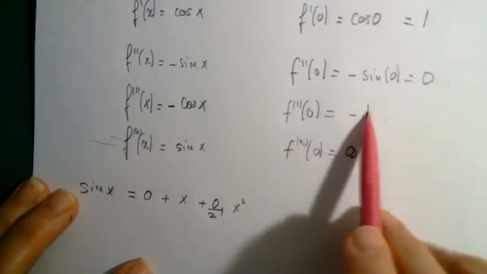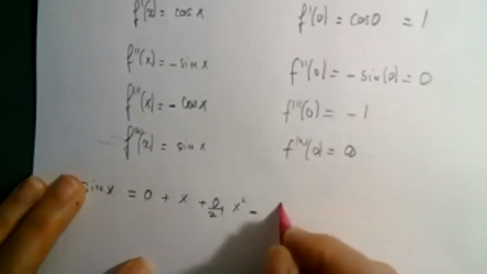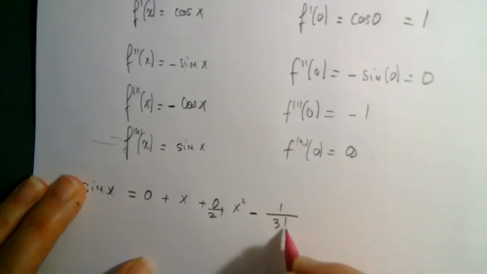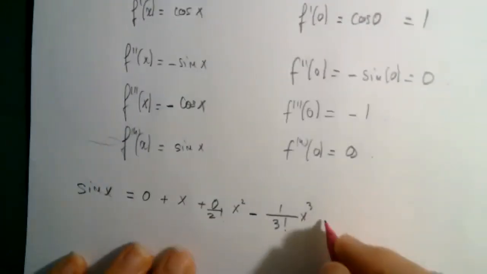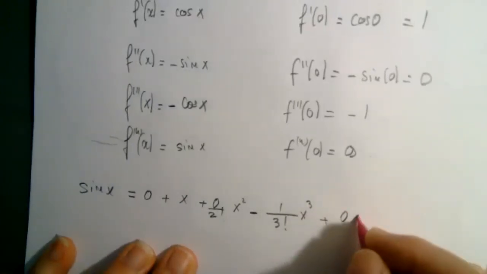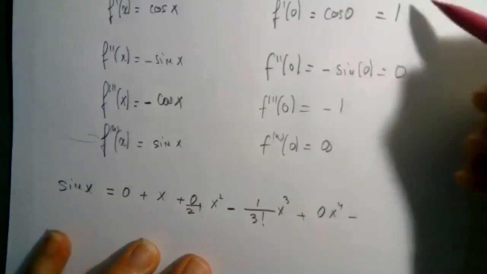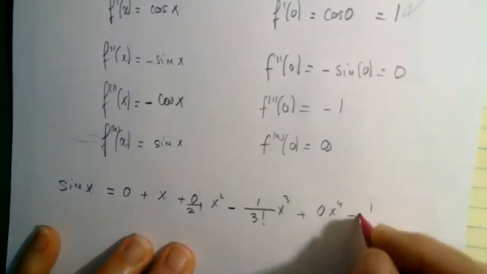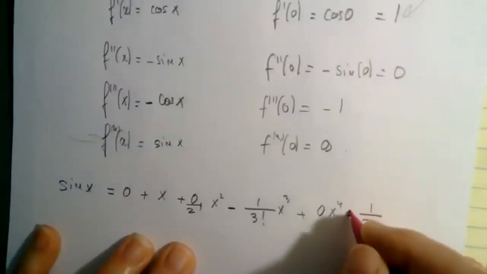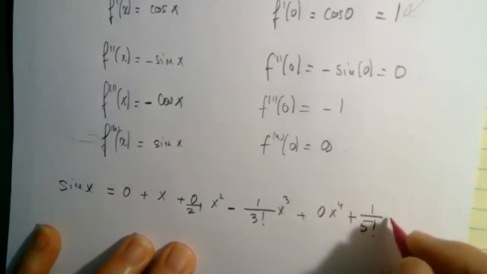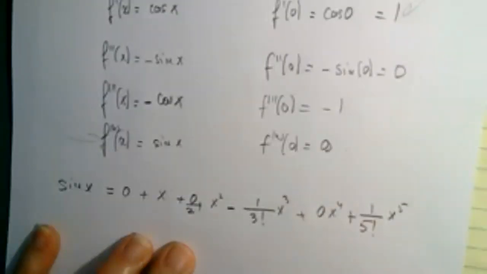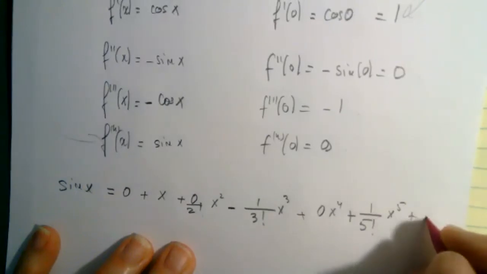Then the third derivative gives minus 1 over 3 factorial x cubed. And then the fourth derivative, which is 0, x to the fourth. And then by recycling, I'm going to go back to here. So it's going to be plus 1 over 5 factorial x to the fifth, and so on and so forth.